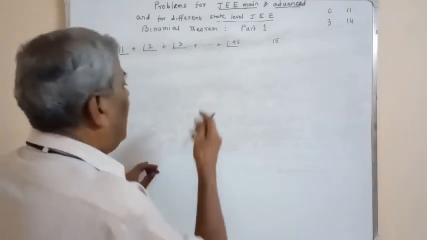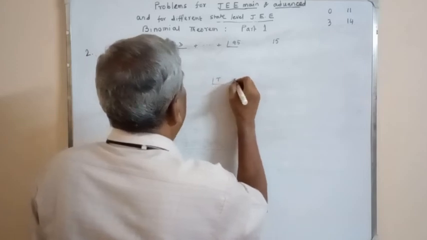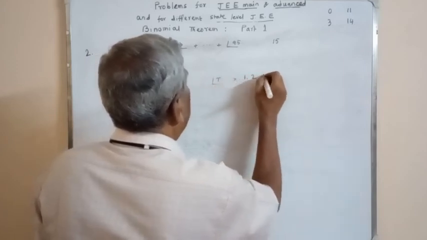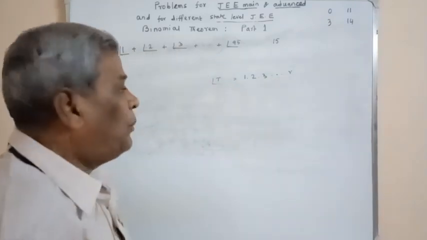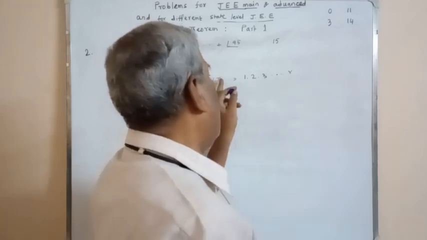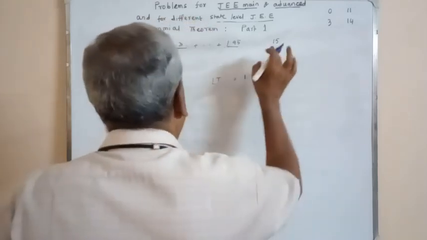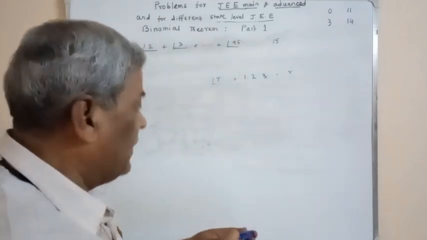Now factorial r, I think you know it, factorial r is equal to 1 into 2 into 3 up to r, all positive consecutive integers. So altogether it is a very big number.